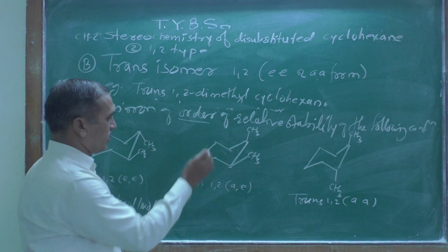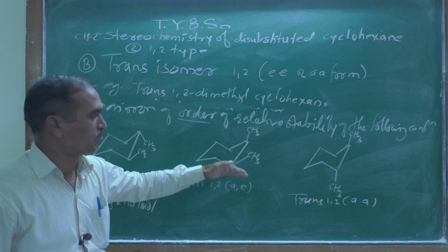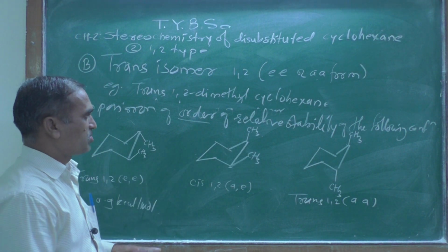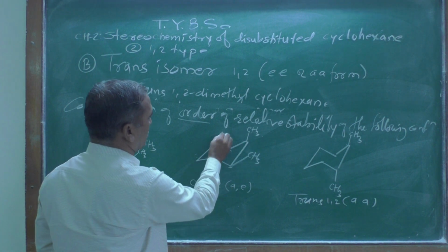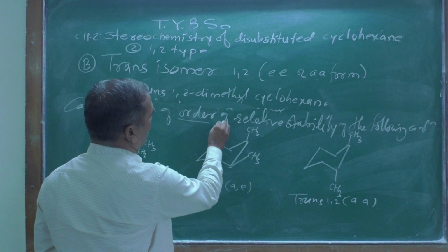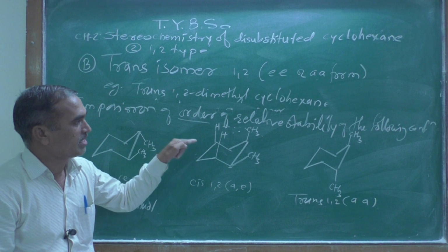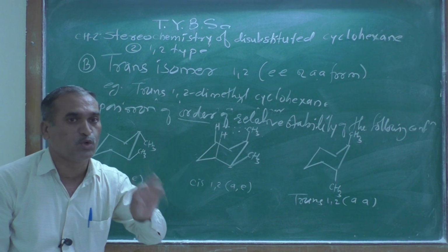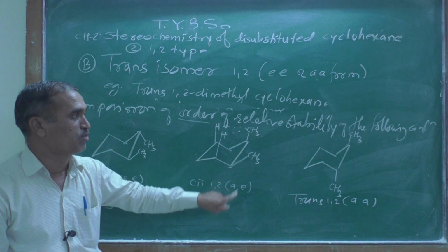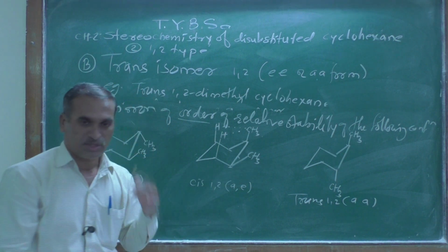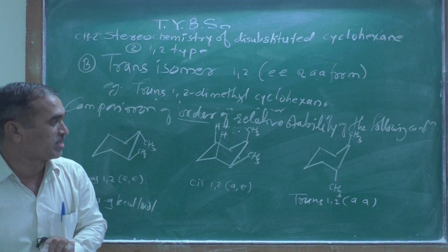Now if you look here, what do you see? One group is present at axial position, another group is present at equatorial position. One axial, 1 2 3, at the 3 position there is a hydrogen atom. What do you see here? You can clearly see there are two 1,3 diaxial interactions, and this methyl group is also gauche, and therefore one butane gauche interaction is also present there.